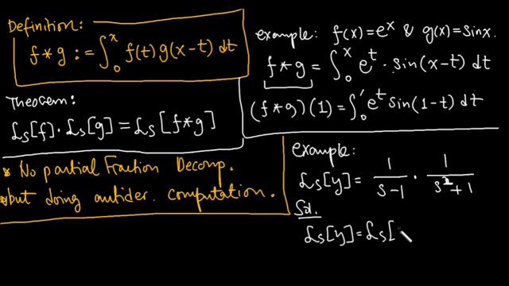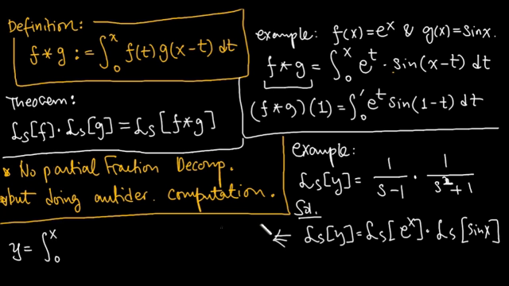This one came from e to the x, and that one came from sine x. Therefore, y can be taken as the convolution of these two functions: the integral from 0 to x of e to the t times sine of x minus t instead of sine of t, dt.